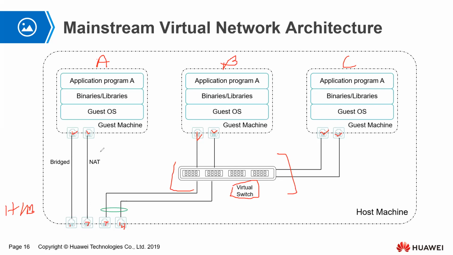So what bridged mode actually does is connect the cable of the virtual machine directly all the way to our physical network without needing to translate or change anything.